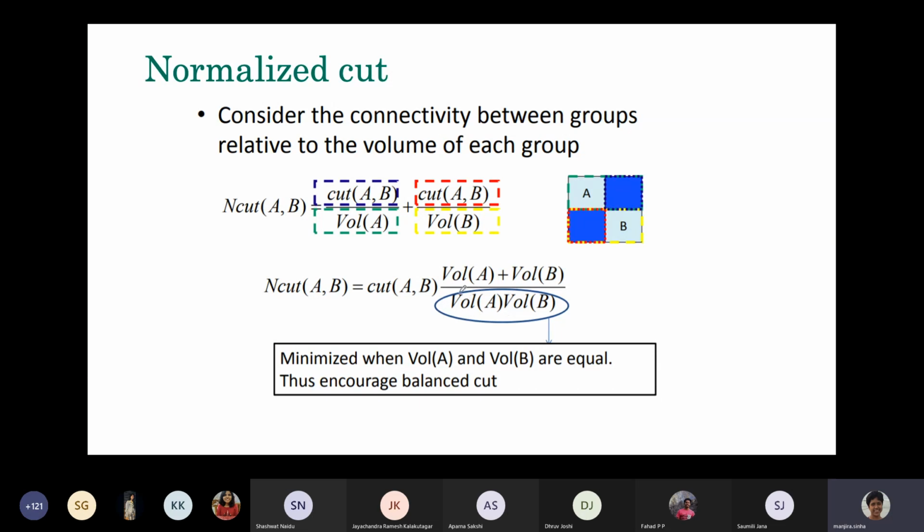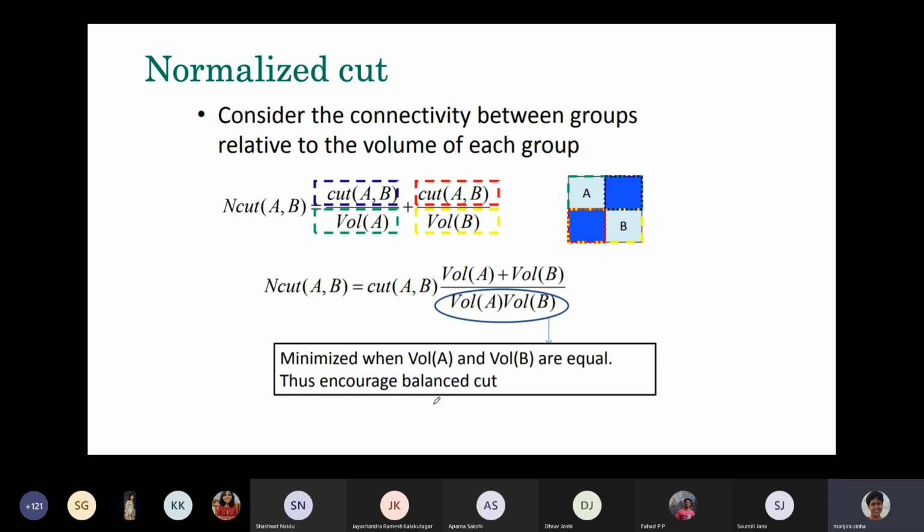Now this value is minimized when these two are equal, when volume A is equal to volume B, then we get something like volume A squared or volume B squared. That will be the minimum value, because in every other case one value will be greater than the other. So if we attempt to minimize this, it encourages a more balanced cut.